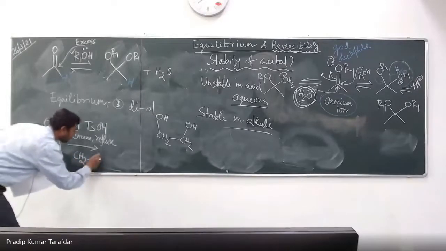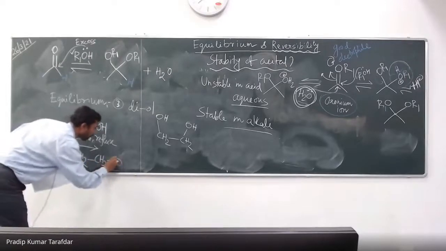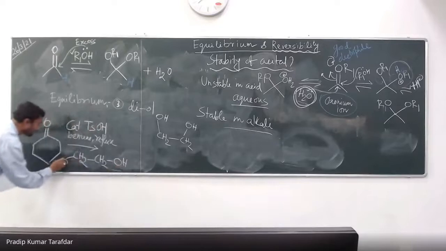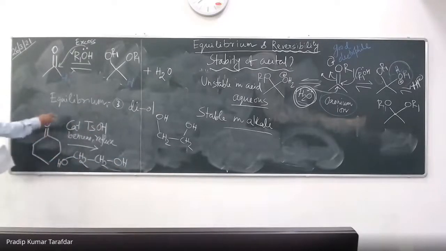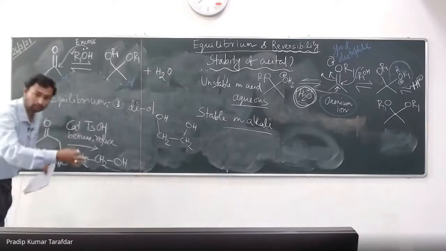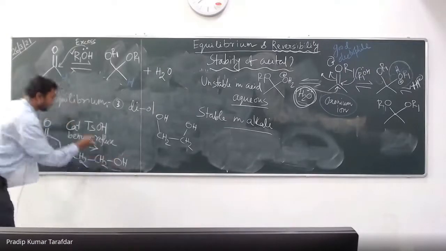And this is now my alcohol, HOCH2CH2OH. So what should I get? This alcohol will attack, and the second alcohol also will come from the same molecule.